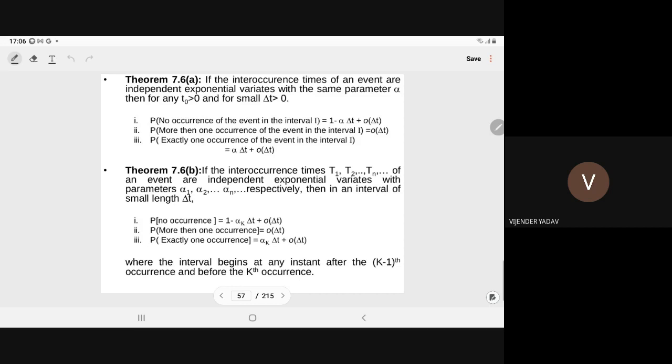Now, theorem 7.6. It is the same as whatever you have studied for the Poisson process.